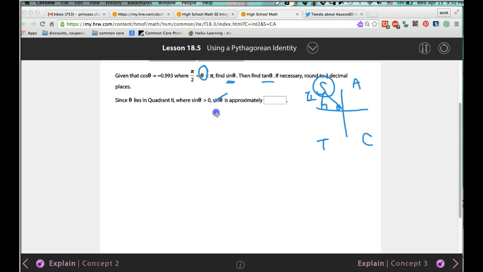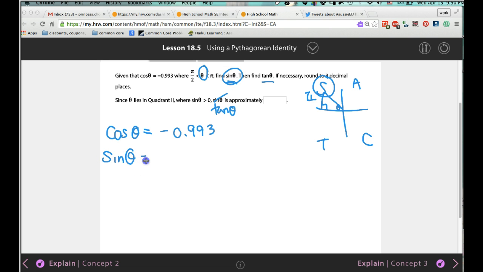And so we're not looking for sine here. We're supposed to look for tangent theta because it says then find tangent theta, okay? So there you go. First, we start off by writing what cosine theta is. That is negative 0.993. And then what we had to remember was the formula that we just derived, right?